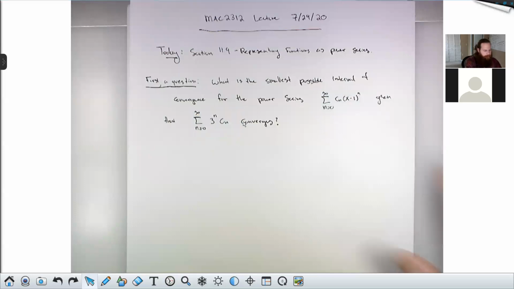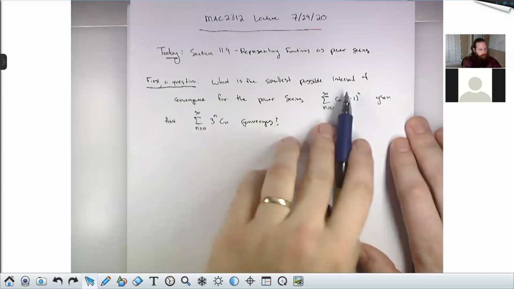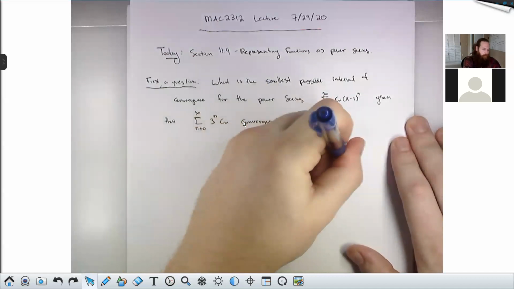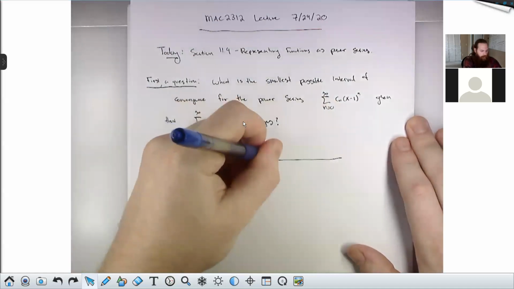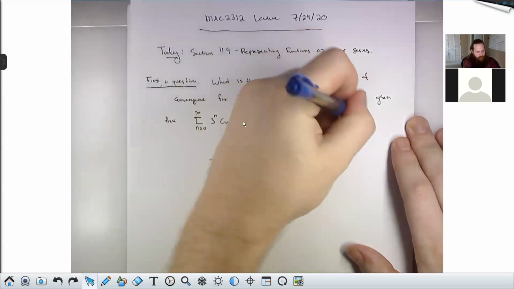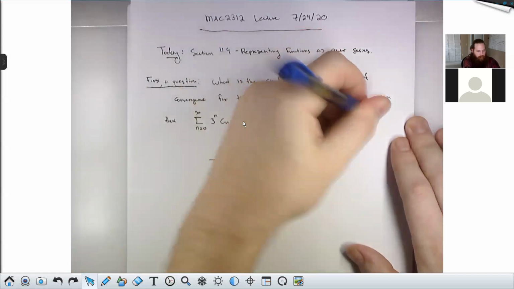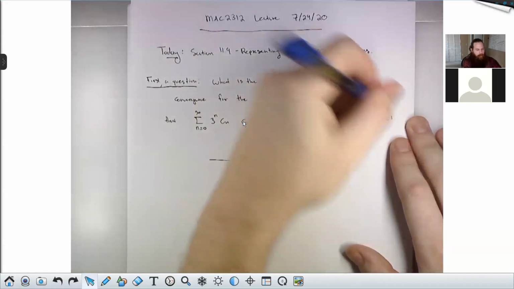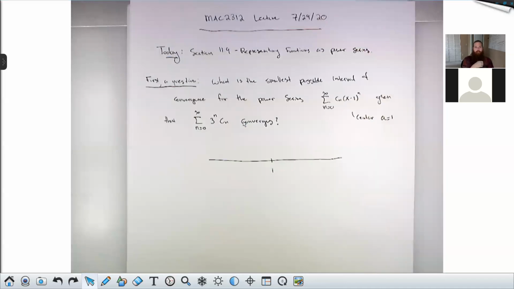So first, I'm asking about the interval of convergence. So let's draw a little number line and plop our center, which is 1, right in the middle there.